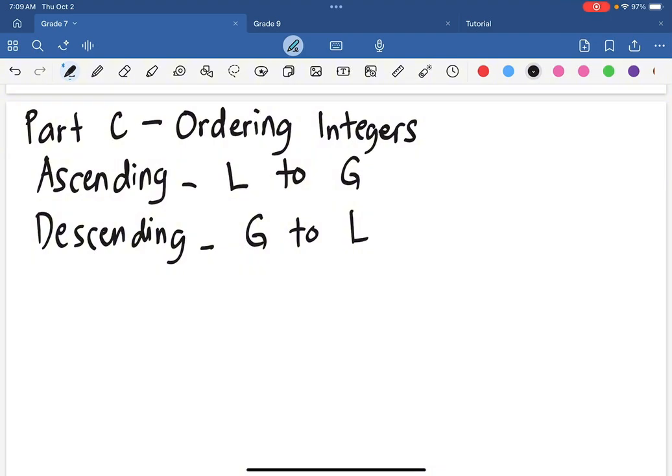So here's our first one. Arrange -2, 3, and 0 in ascending order.